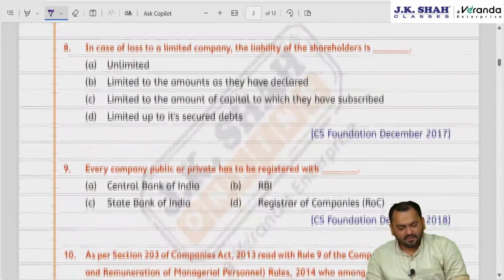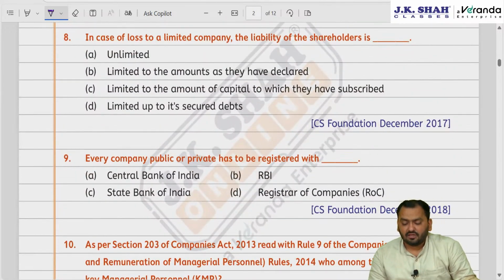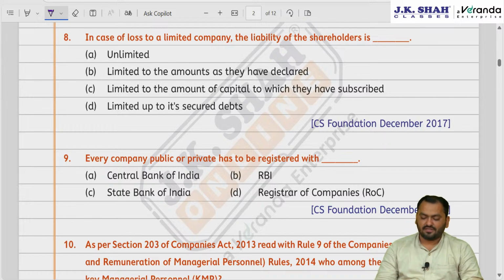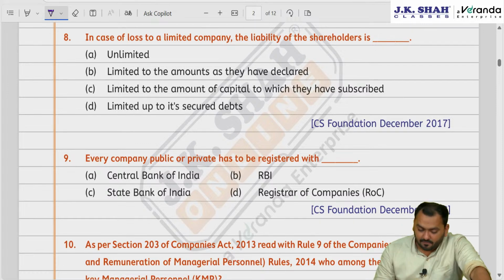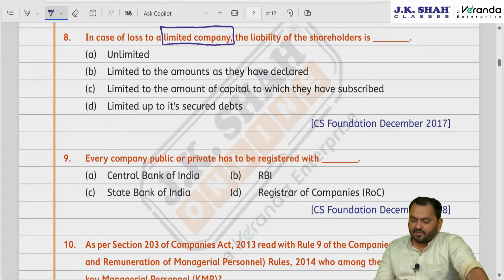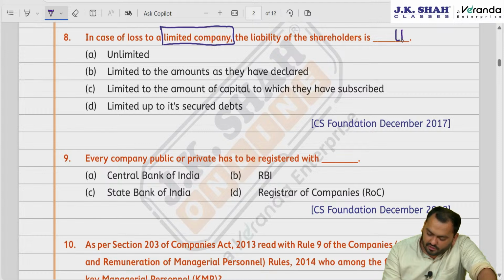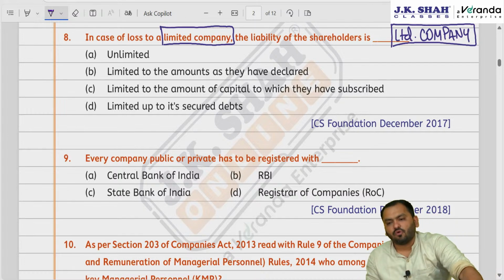Next one. In case of loss to a limited company, the liability of a shareholder is dash. See, here we are talking about a type of company that is a limited company. Now see friends, if I need to explain this, limited company means what?